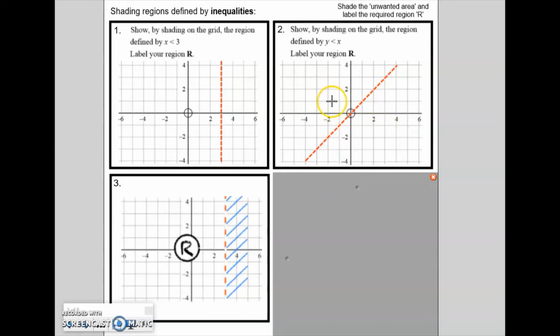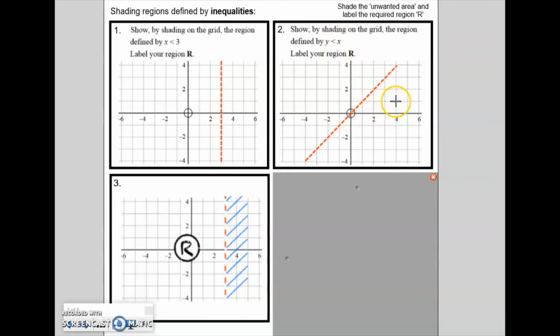So I'm going to pick a coordinate. If I pick this coordinate here, this is the coordinate when x is -1 and y is 2. So that does not satisfy this inequality, because x is less than the y value.